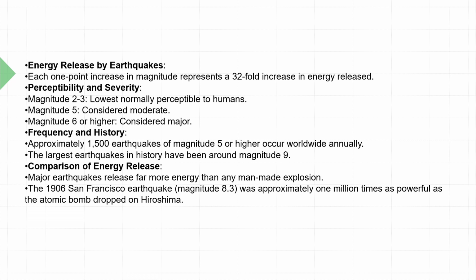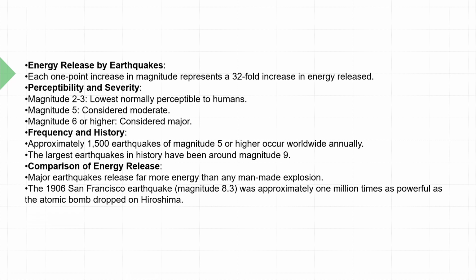So generally, magnitude 2 to 3 are the lowest, and they do not generally harm the earth, the humans as such. Magnitude 5 is considered to be moderate, and it will also not harm much if it is of a shorter duration. If it is of a longer duration, then it might cause some harm.